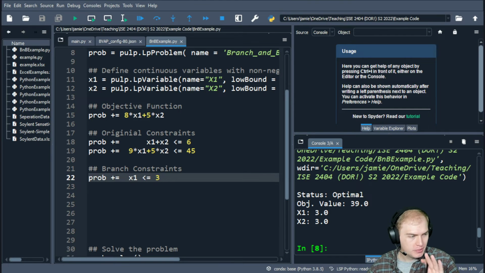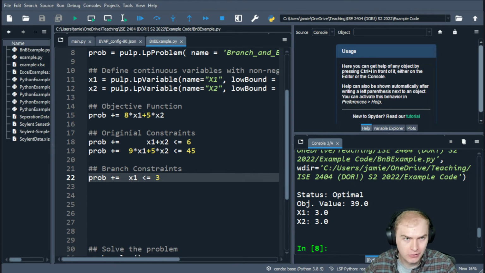So now our branch and bound tree is complete. We've looked at both sides, at every possible branch, until we found integer solutions or infeasible solutions everywhere. So we're done. We just need to find the best integer solution.